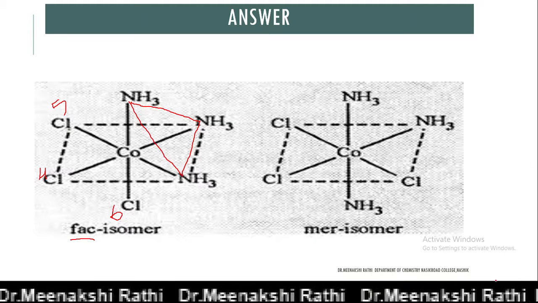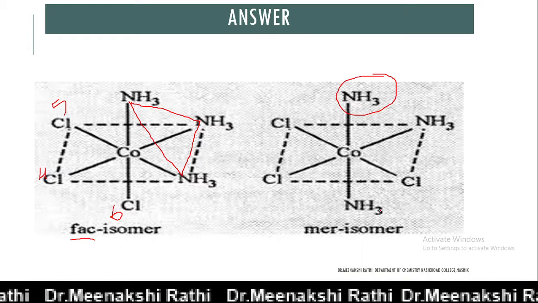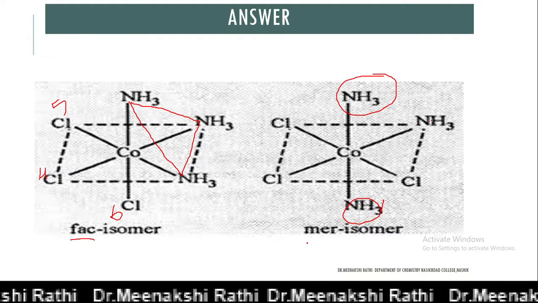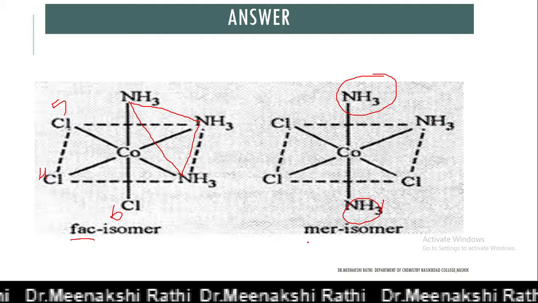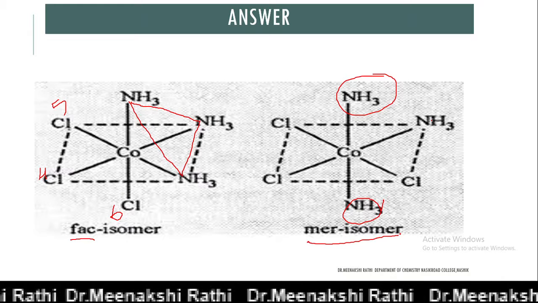And when two similar ligands are present on opposite sides like this and one is present here, they are at meridional positions, and hence it is called the mer isomer or trans isomer.